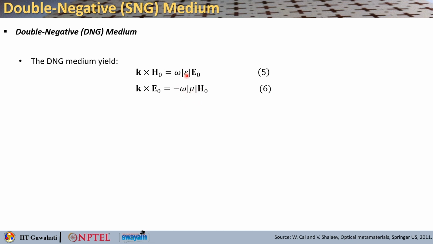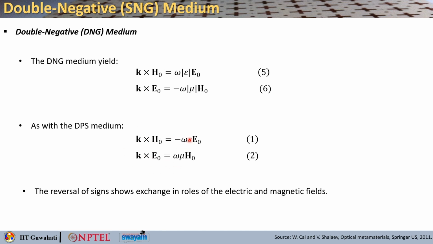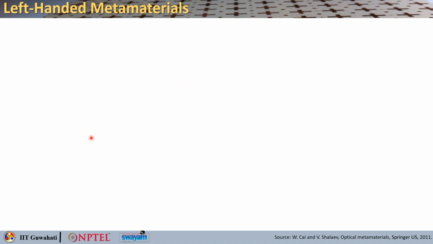So, you are basically replacing from the double positive medium: epsilon is now replaced by modulus of epsilon, and mu is also replaced by modulus of mu. Because of that, what you obtain is a sign reversal. This basically tells you that there is an exchange in the role of the electric and the magnetic fields between the double negative and the double positive medium.